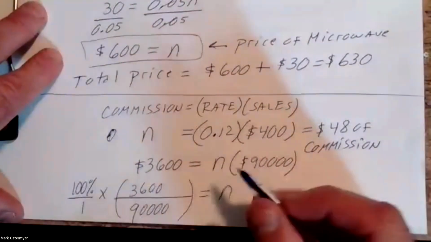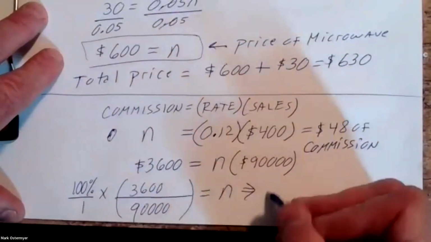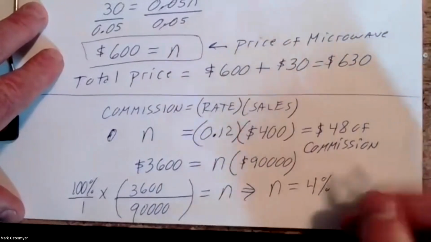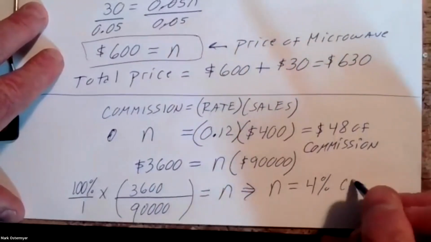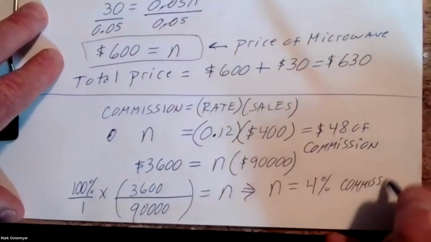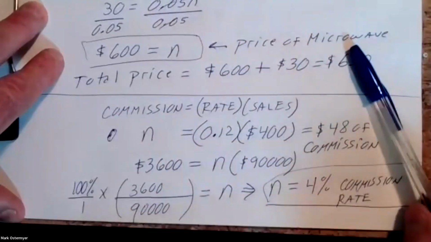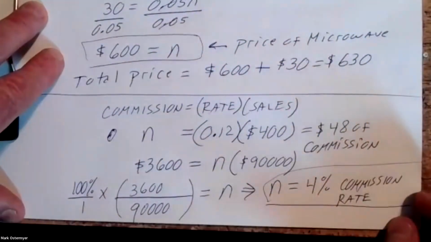Anybody else get 4%? So we double check. This would be a 4%. We say commission what? Rate. Commission rate. That's the 4% commission rate. So this person earns 4 cents on a dollar. For every dollar they sell, 4 cents.